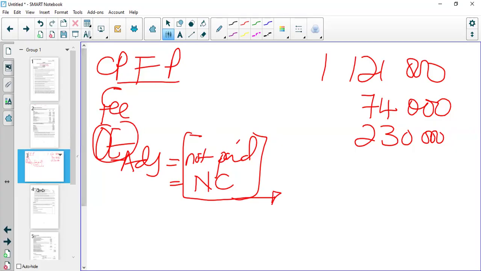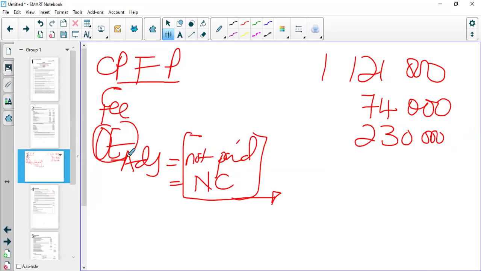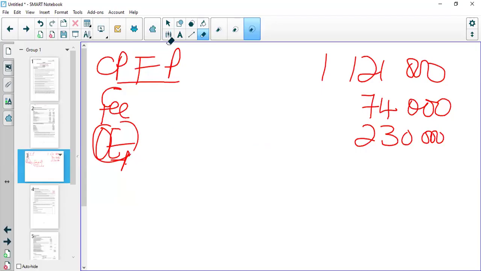So we are given the other expenses paid. And so let's listen to the story. Where's our story? It's here. So non-cash items, 170 and 20. We already know that. So depreciation is non-cash. So let's do the adjustments.